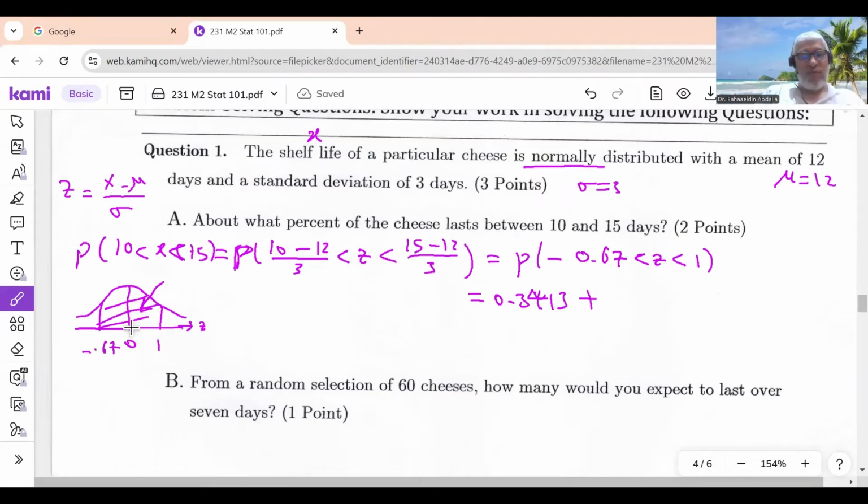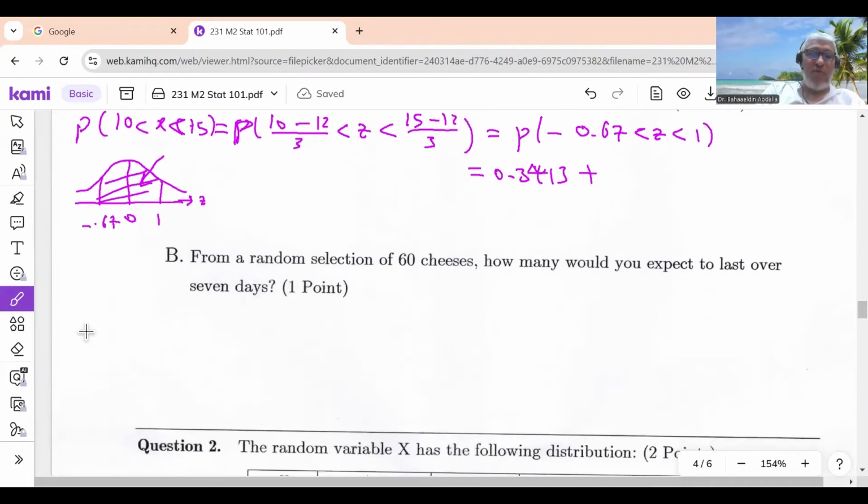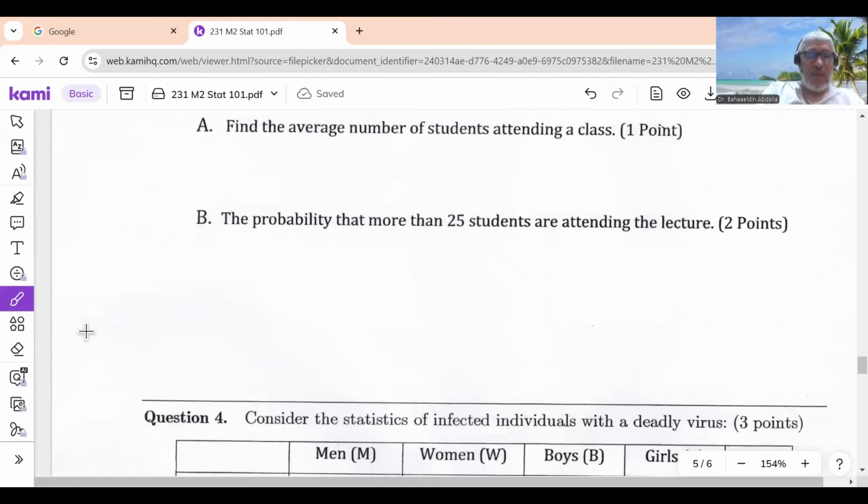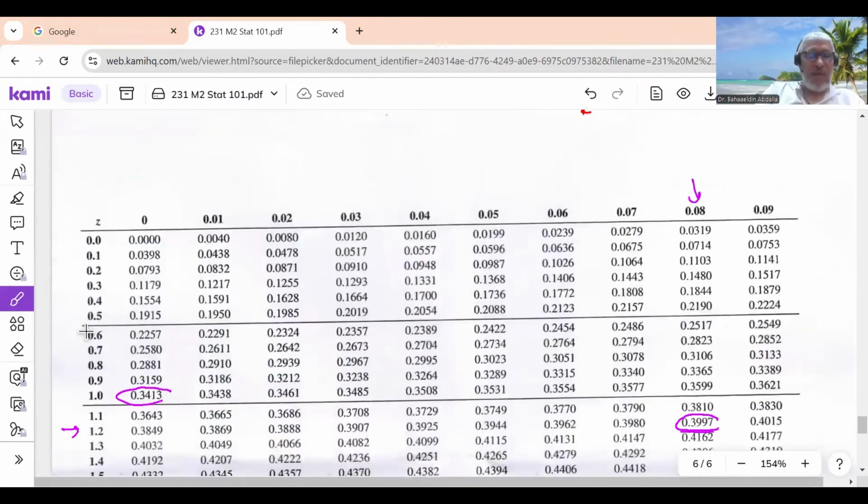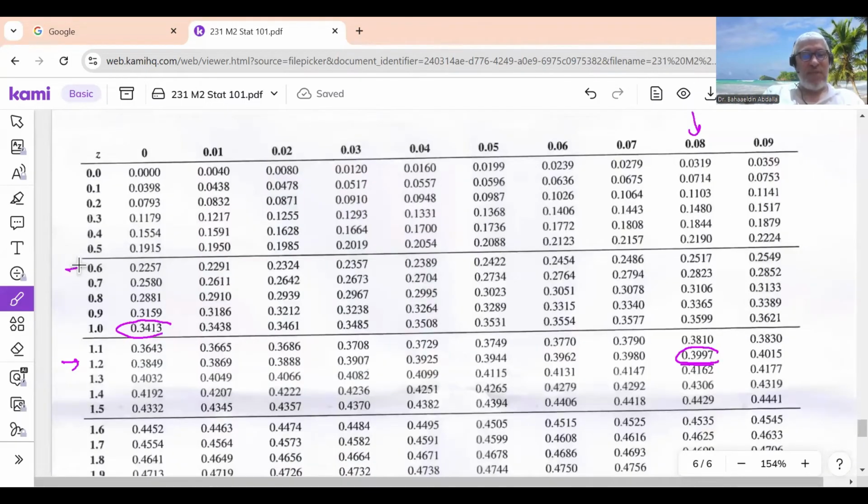I need the probability from 0 to -0.67. I can't find it by the table, but I can find the probability from 0 to 0.67 positive. They are the same. So I look at 0.67 in the table. I have 0.6 here. For the second digit, I have to go to 7, which is this one.